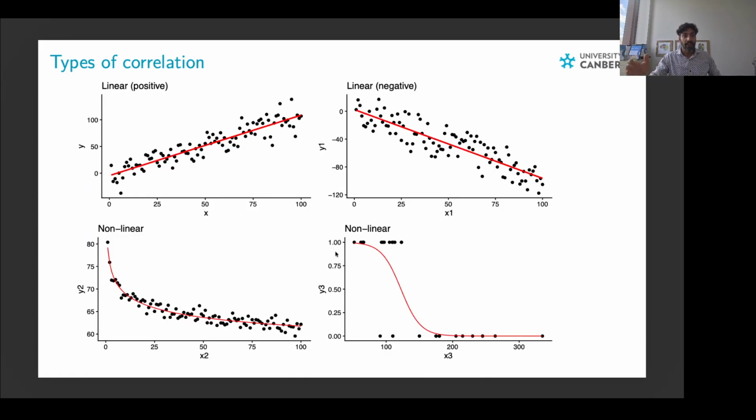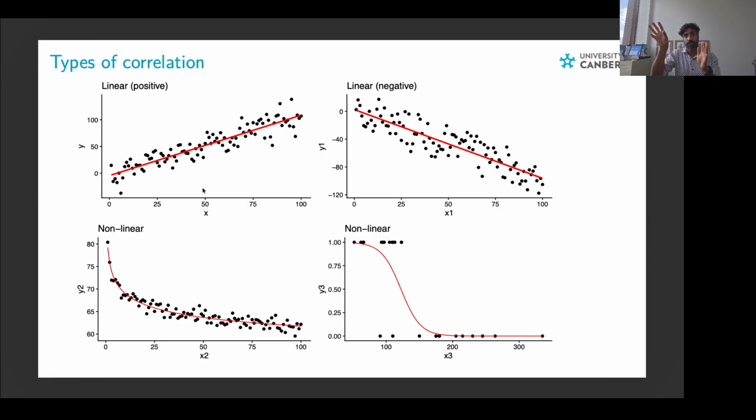Here are some good examples that I've generated using synthetic data, just to show you the nature of what a positive linear relationship looks like. And really the key thing is how you should be reading these graphs, or all graphs: as we go along the x-axis, what happens to the measures on the y-axis. As the x-axis increases here for linear positive correlation, the values on the y-axis increase as well.